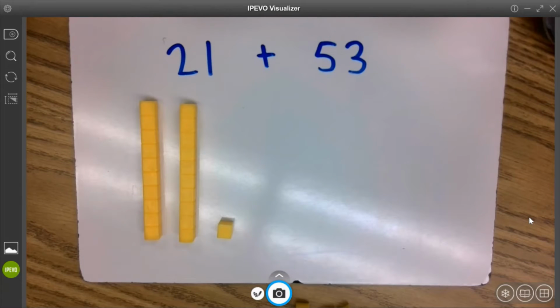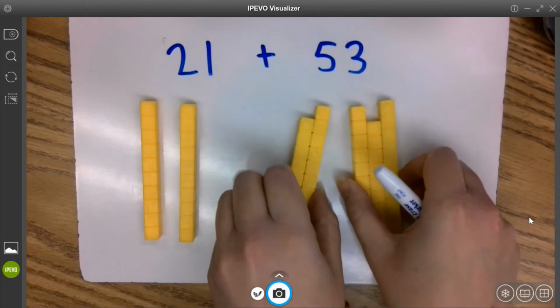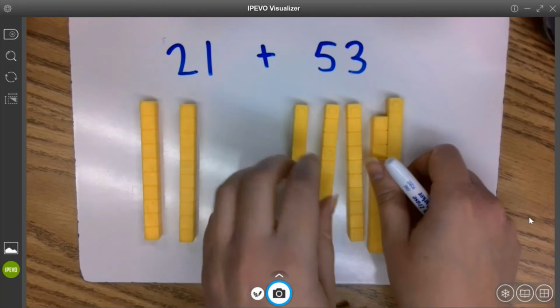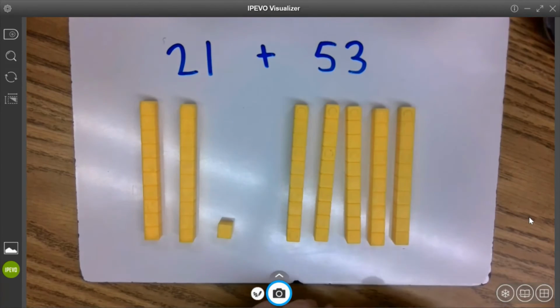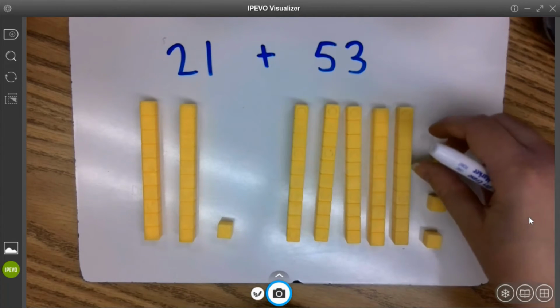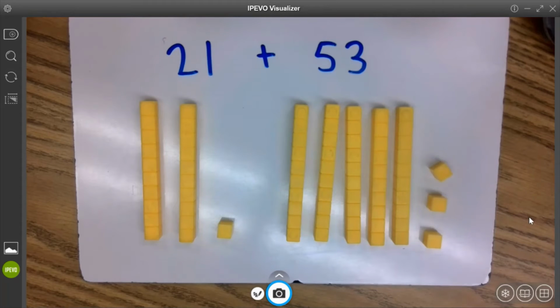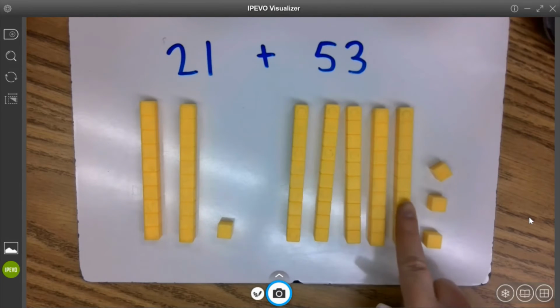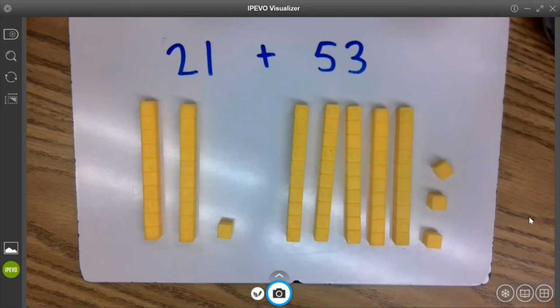So I'm going to model with 5 sticks, because each stick is a 10, and 3 more. 53, 5 tens, 3 ones. 21, 2 tens, 1 one. I'm adding, which means I'm going to put them together.